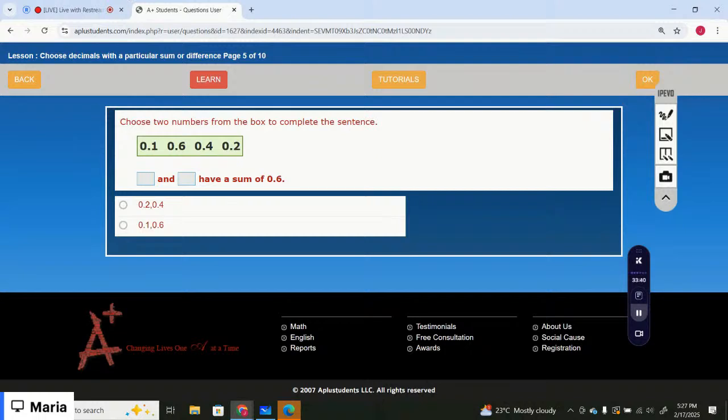Choose two numbers from the box to complete the sentence. Which two numbers have the sum 0.6, which is the correct option?